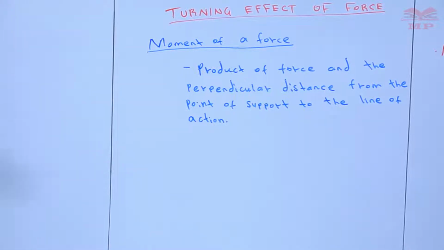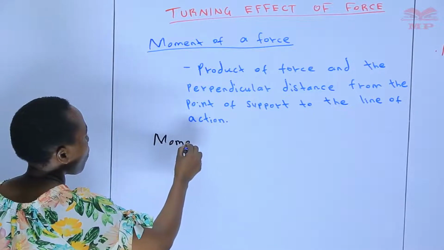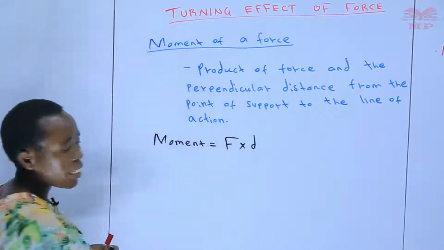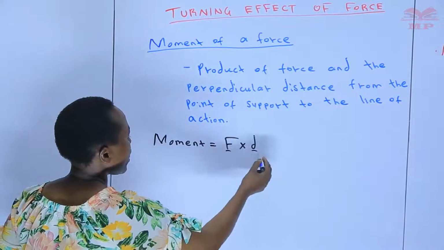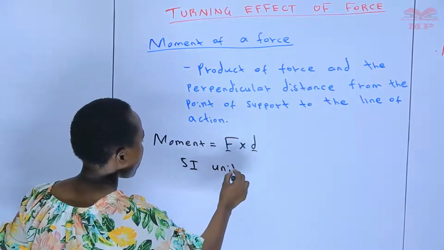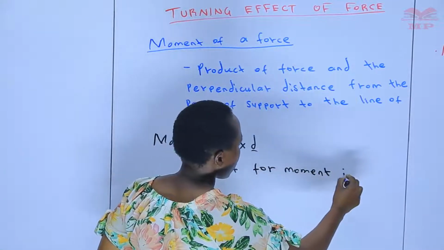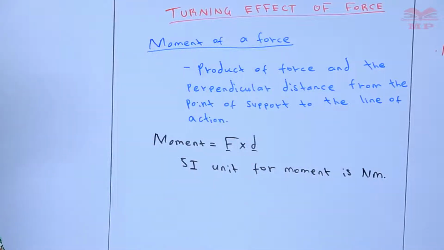And therefore, we were able to write the formula for moment as force multiplied by distance. We said that force should be in newtons, distance in meters, and therefore the SI unit for moment is Newton meter.